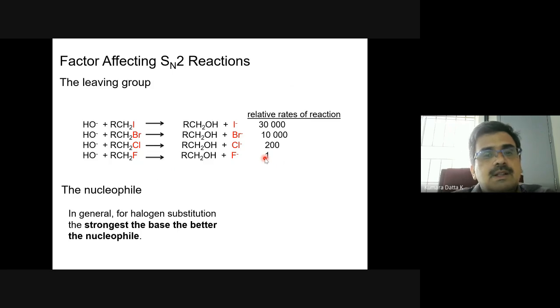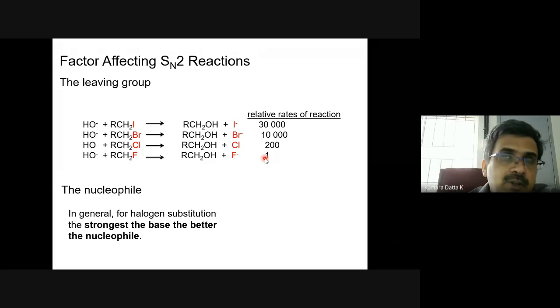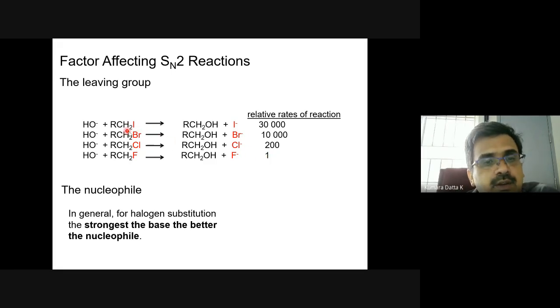Now, we have already seen for SN1 the effect of leaving group and the effect of dielectric constant. Now here, we should look at leaving groups. You all know fluoro, chloro, bromo, iodine. If you react an alkyl halide with a nucleophile like hydroxyl ion, and you have iodine which you want to replace with alcohol, the relative rate of reaction is very high.